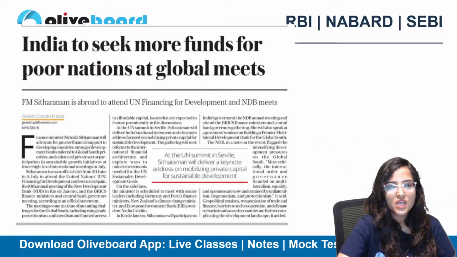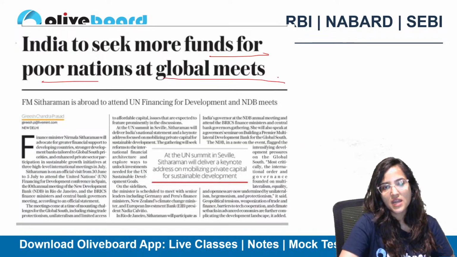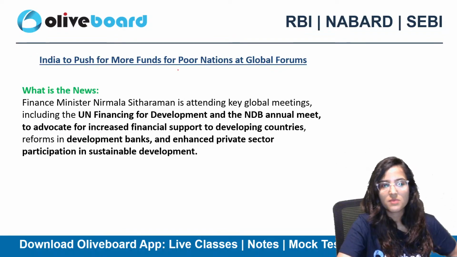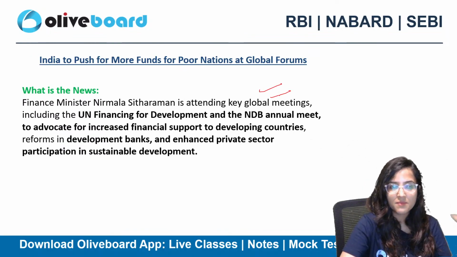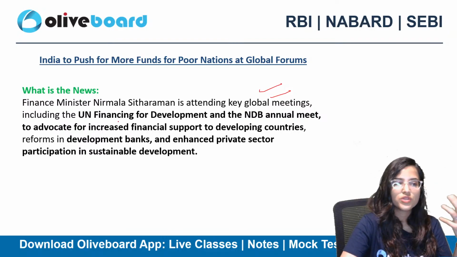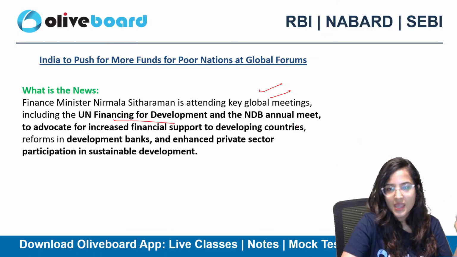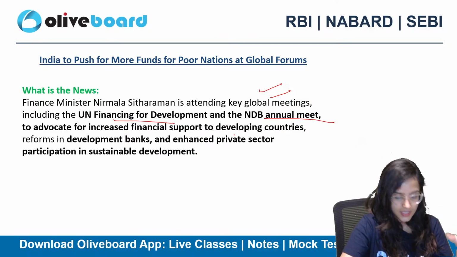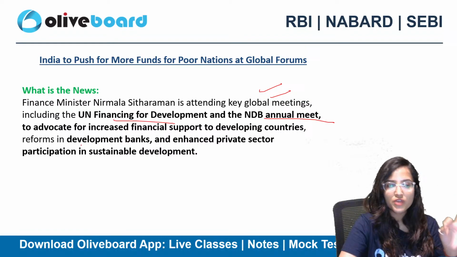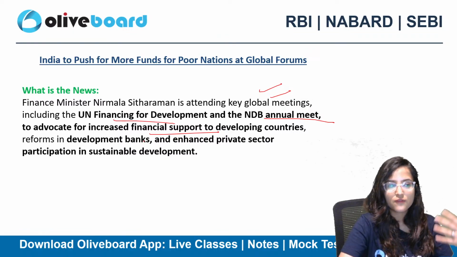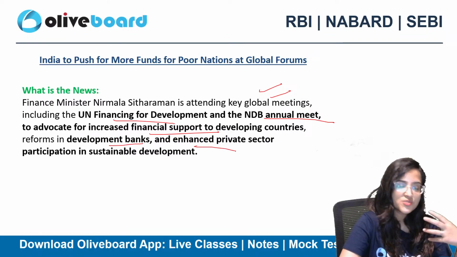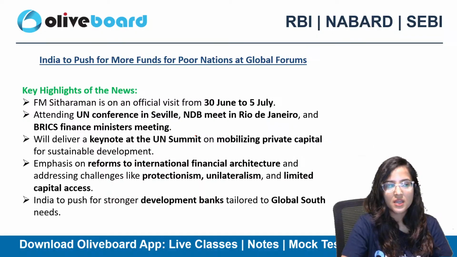India to seek more funds for poor nations at global meets. Nirmala Sitharaman, our finance minister, has been attending many global meetings, including the UN Financing for Development and the NDB annual meet. This article says she will advocate for increased financial support to developing countries, reforms in development banks, and enhanced private sector participation in sustainable development.